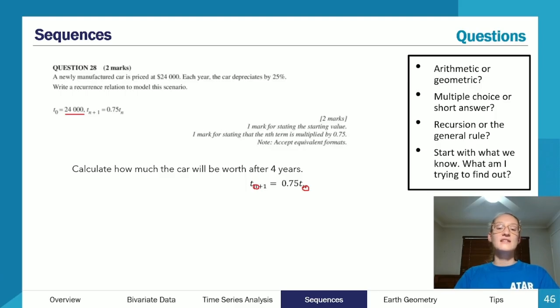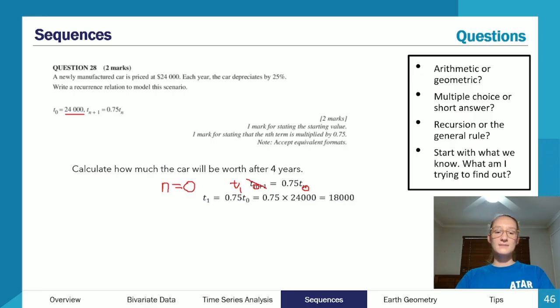And if I have T0+1, I know that this is now T1. So by substituting in n equals 0, we now know that T1, term 1, which is n equals 1, which is after 1 year has passed, our car is going to be worth 0.75, which is 25% less than what its previous value was.